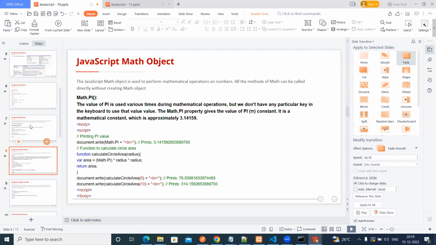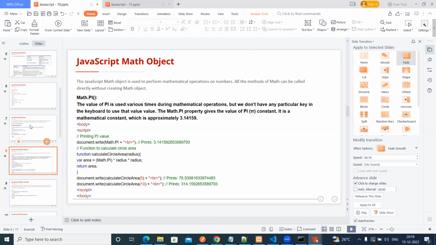All the methods of Math can be called directly without creating a Math object.